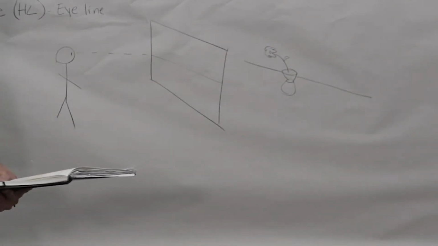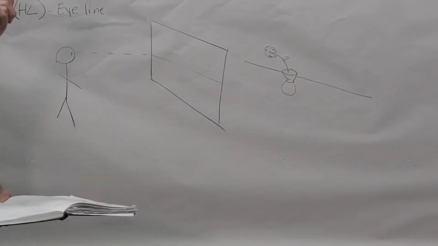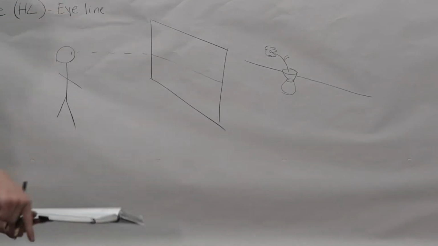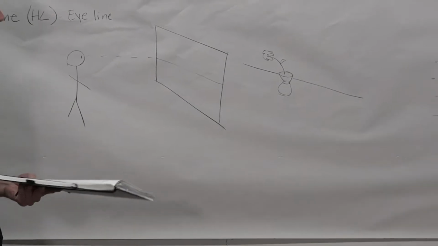If you climb up on a ladder, then the horizon line goes up. If you sit down, then your horizon line goes down. It always is the same as your eye line.